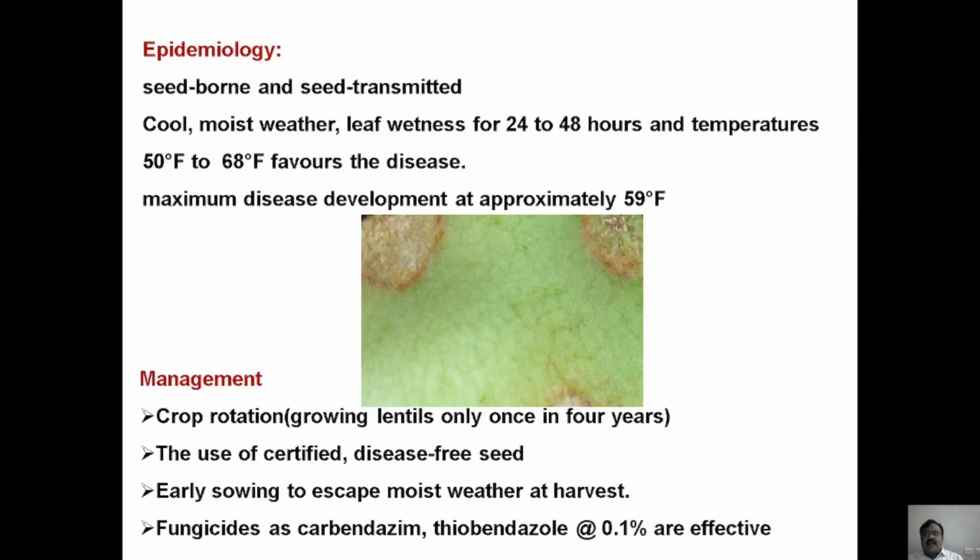Use of certified as well as disease-free seed is also recommended. Early sowing of lentils will escape the moist weather at the time of harvest. Fungicides such as carbendazim and thiabendazole are recommended for the management of this disease at the rate of 0.1%.